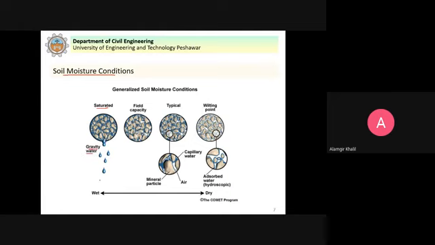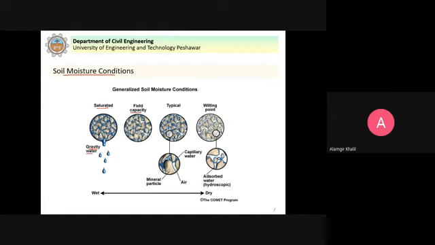This is known as the gravity water. After this gravity water is drained, the water that is held by the soil pores against gravity is known as the field capacity.